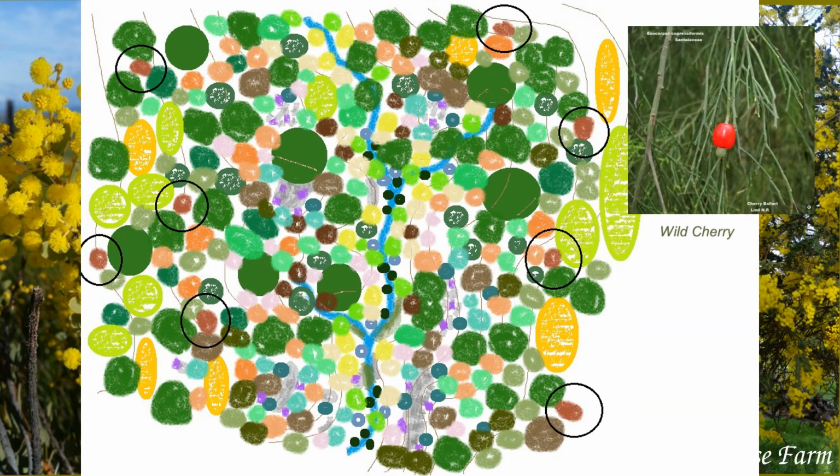The last one we have, I've included it, is the cherry ballart. We don't have any on the farm, and it'd be a great step forward if any appeared. It's semi-parasitic. The roots attach to its host plant, and there's a whole range of hosts for it.